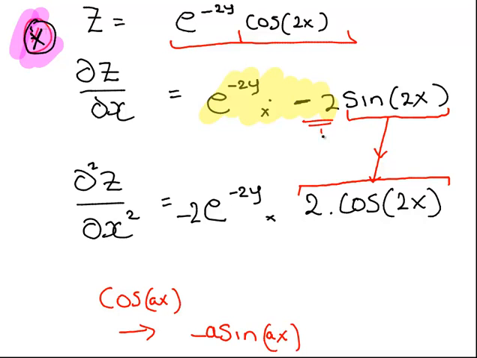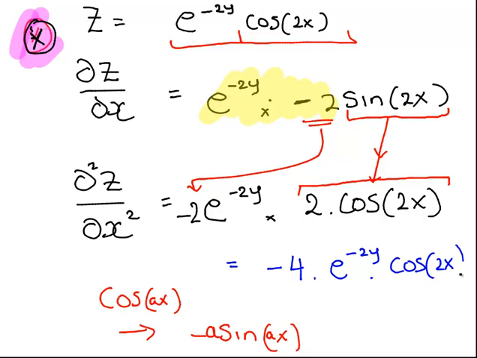This minus 2 I brought down over here, and the minus 2y was just brought down the whole way through. So when we tidy that up, that is minus 4 times e to the minus 2y times cos of 2x. That's the overall answer for this term, so the first term is completely sorted out.